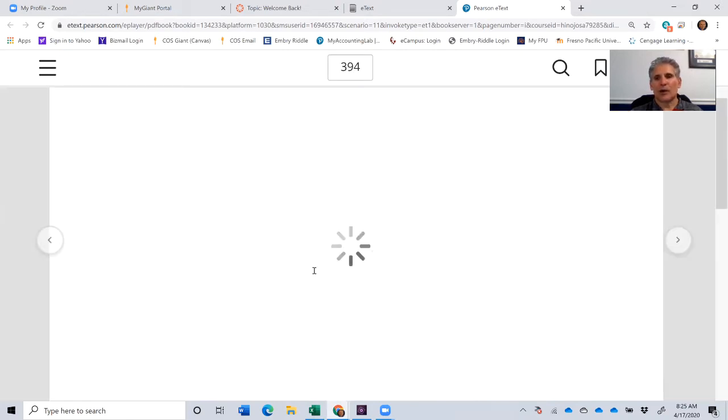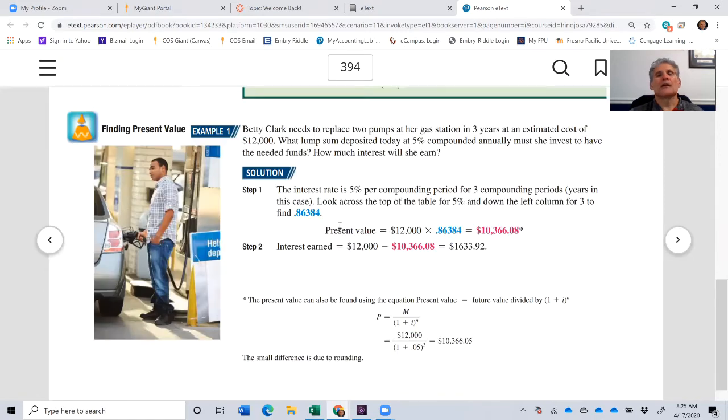Let's go back to our problem. We know the future value is $12,000. We're going to multiply that future value times 0.86384, and that's going to give us $10,366.08. To figure out how much interest she earned, we're simply going to take the difference between the future value of $12,000 and the present value of $10,366.08.